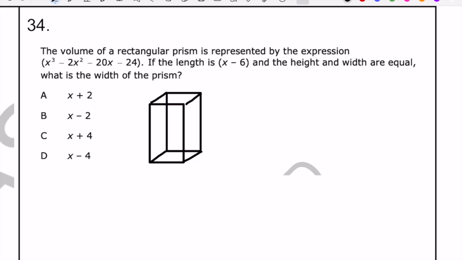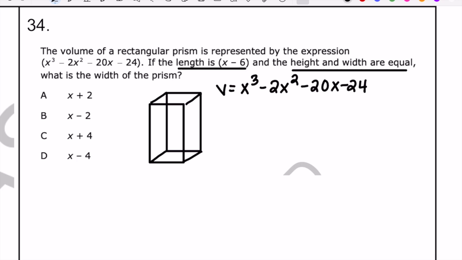So it says I have a rectangular prism, and the volume is represented by x cubed minus 2x squared minus 20x minus 24. Then it tells me the length is this and that the height and the width are equal. They want to know what the width is.